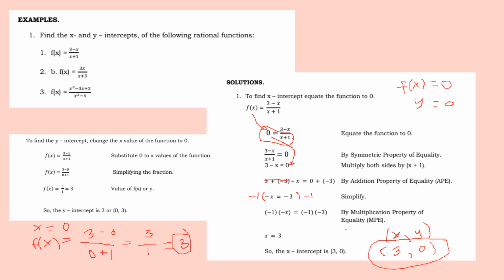What is our x? x is 0, and y is 3. These two we combine into an ordered pair to make the y-intercept. So, therefore, our y-intercept is x, which is 0, and y, which is 3. This is now our y-intercept. Okay, do you have a question?